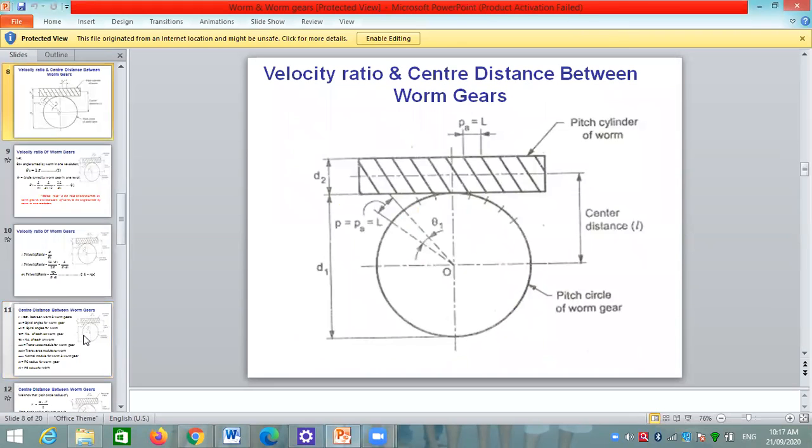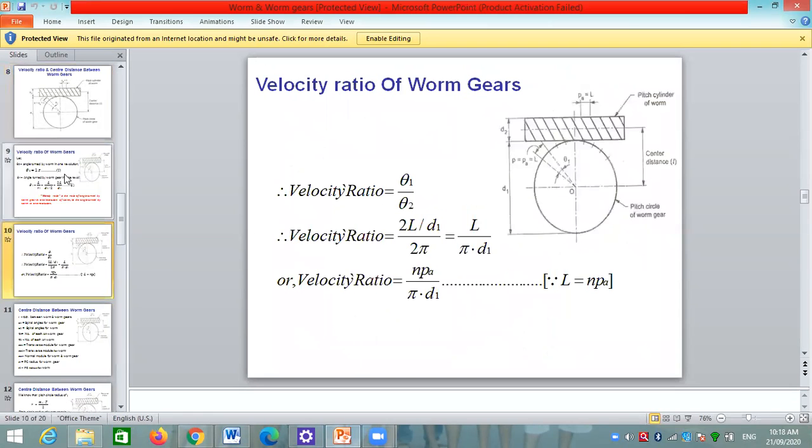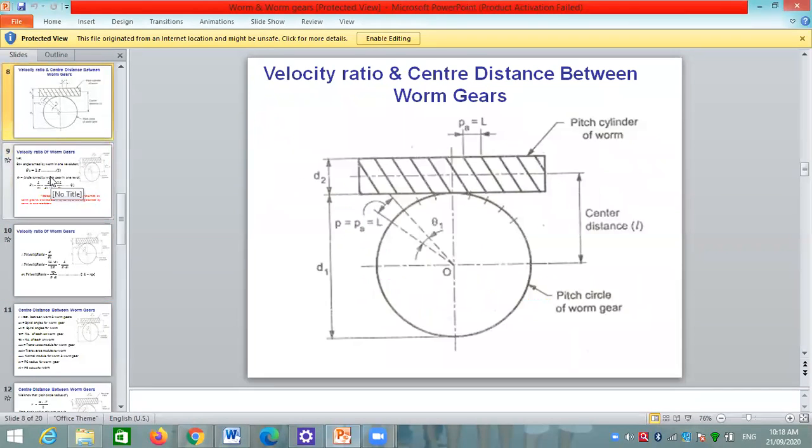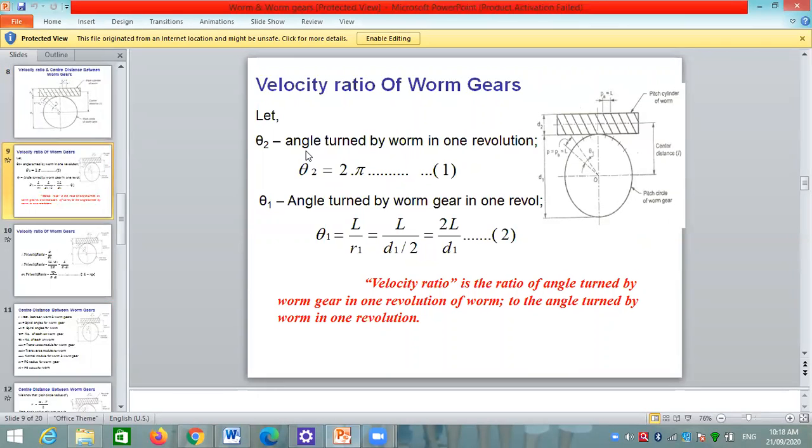Then next, velocity ratio and center distance between gears. Velocity ratio means the ratio of the speed of the worm to the speed of the worm wheel. See here, let theta 2 be the angle turned by the worm in one revolution. Theta 2 is the angle of the worm and theta 1 is the angle turned by the worm wheel.